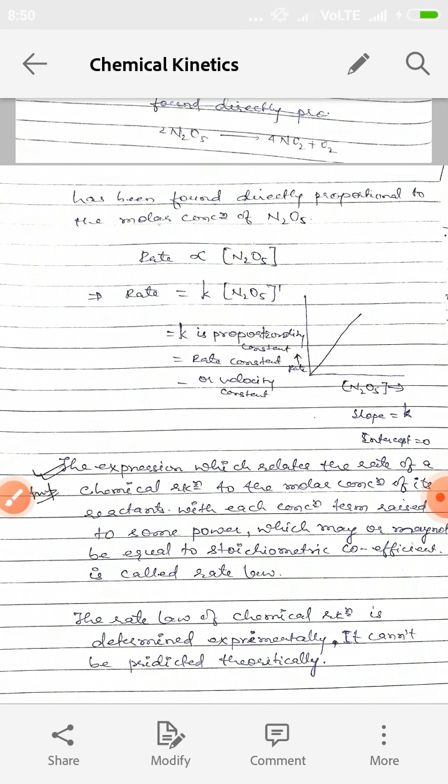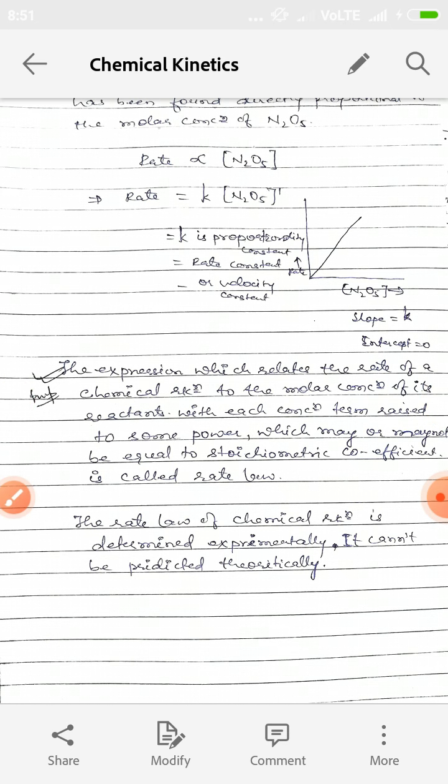The graph shown beside the reaction has N2O5 on the x-axis and rate on the y-axis, and the graph is a straight line, where the slope is k and the intercept is 0.